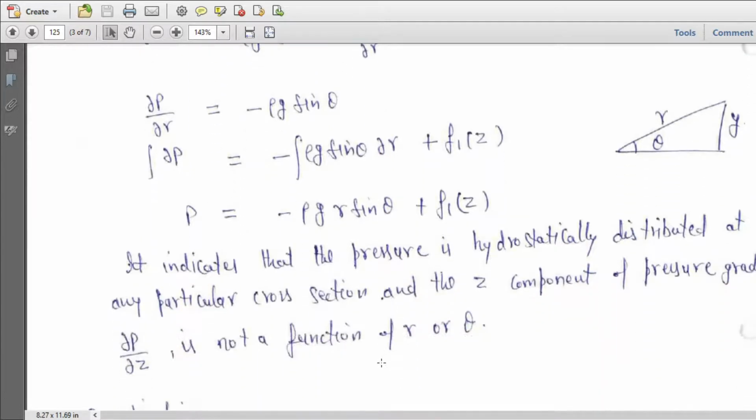It indicates that pressure is hydrostatically distributed at any particular cross section, and the z component of the pressure gradient, del P upon del z, is not a function of r and theta.